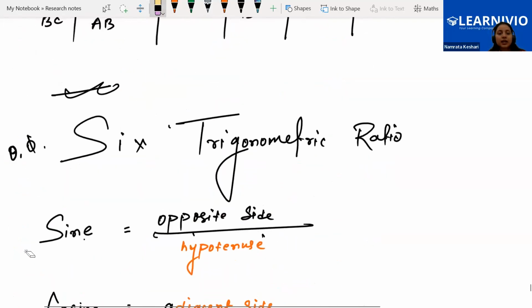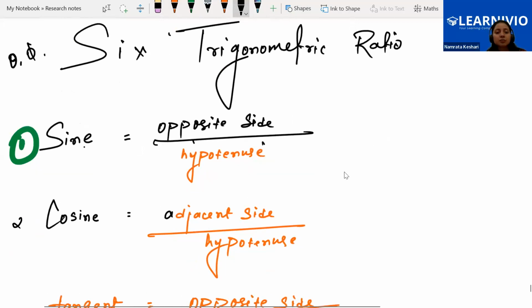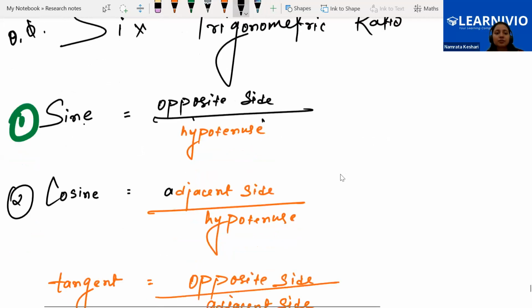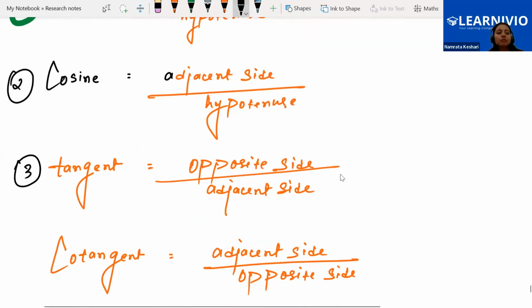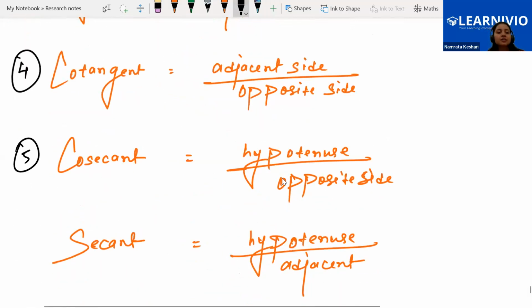Sine, this is the first one. The order doesn't matter. I'm just marking it step by step the way I have written. 1, 2, 3, 4, 5 and 6. Total six ratios we are having.